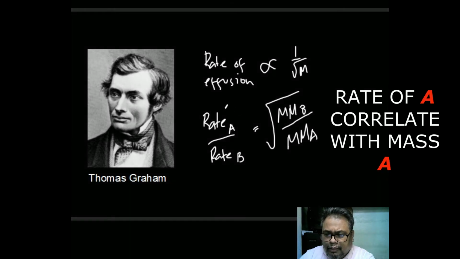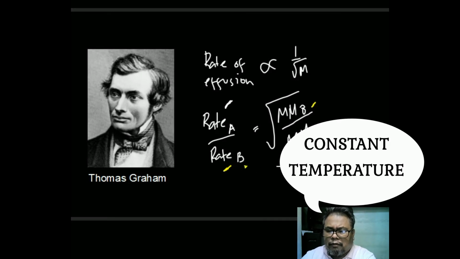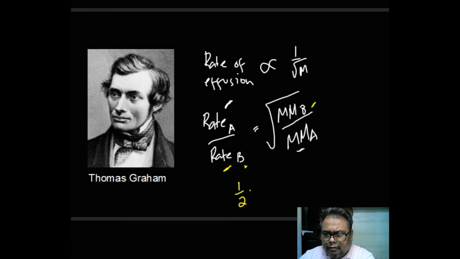Now, rate A pertains to the molar mass of gas A, and the rate of B pertains to the molar mass of B. Do you remember the kinetic energy that we've discussed before? If the gases here are moving at the same temperature, therefore the kinetic energy is like this.